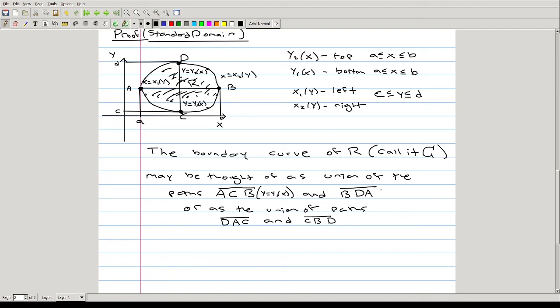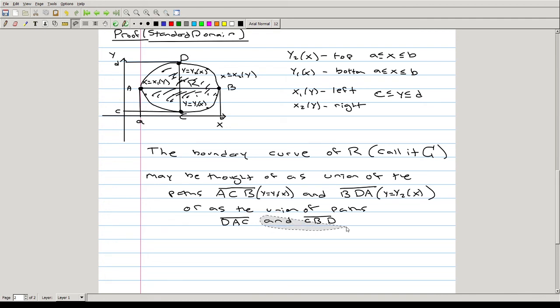The path BDA is the curve y2 of x, but traversed in the opposite direction, so traversed in this direction right here.